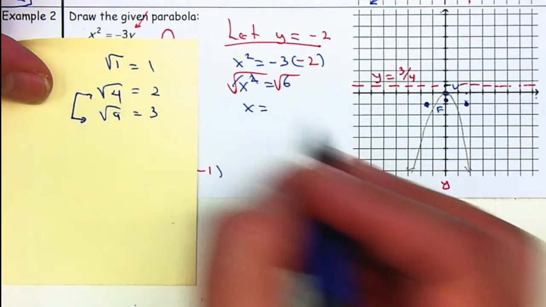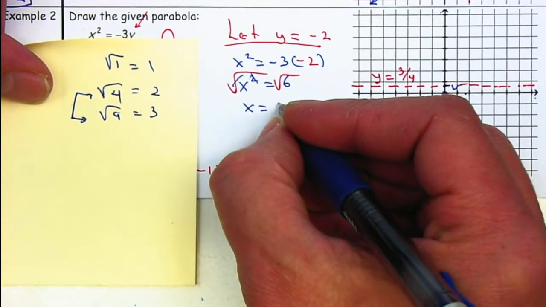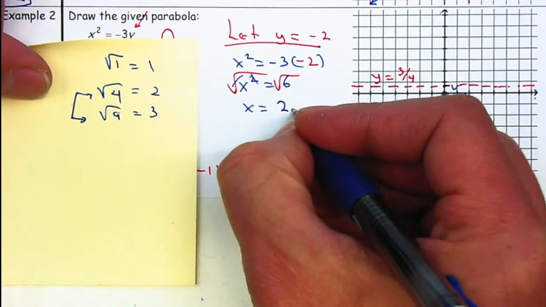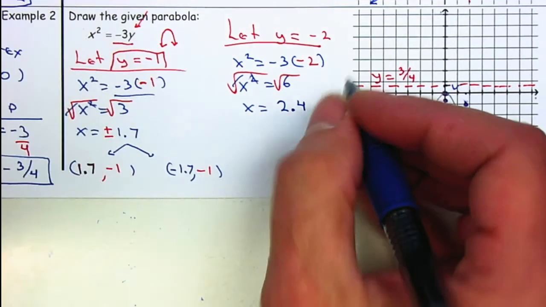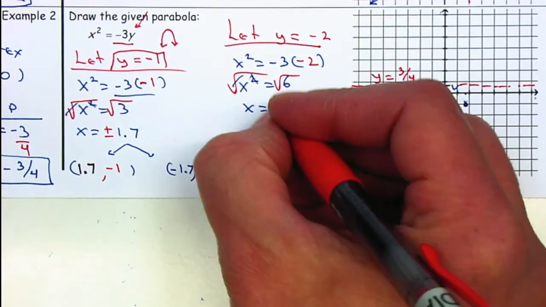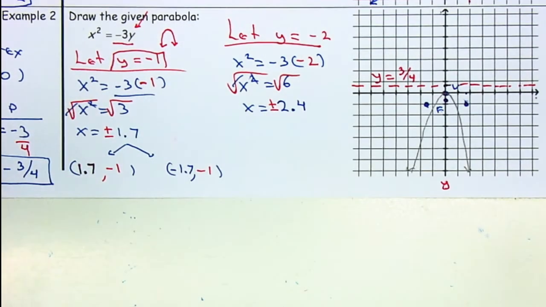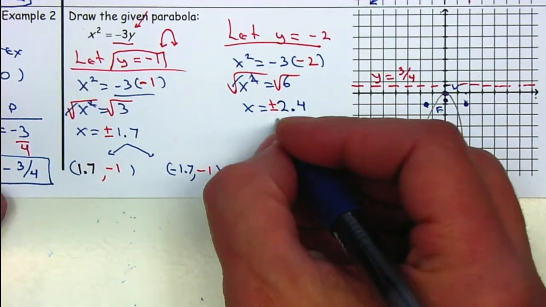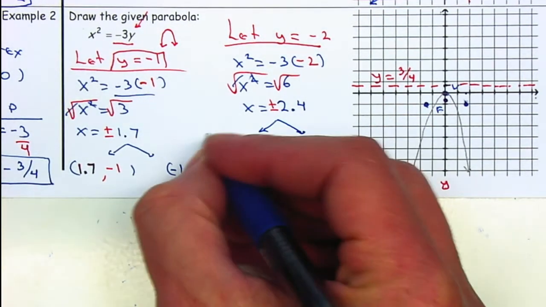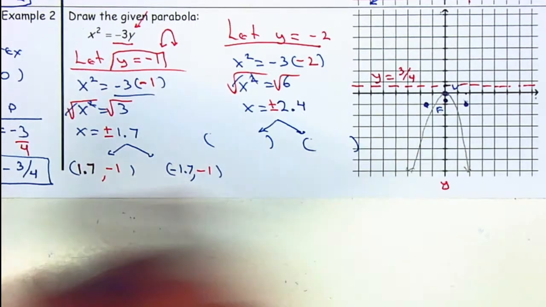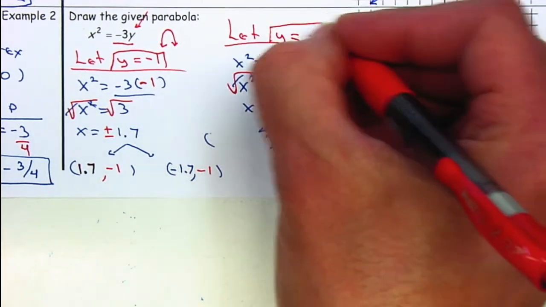So it'll be about halfway, so we can just do 2.4 or 2.5 is fine. Let's do 2.4. And that'll be plus or minus. Let's not forget the plus or the minus. That'll give me 2 points. Both of the points, the y value is negative 2.